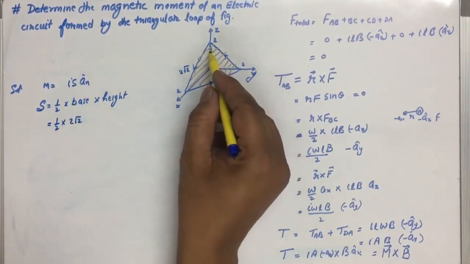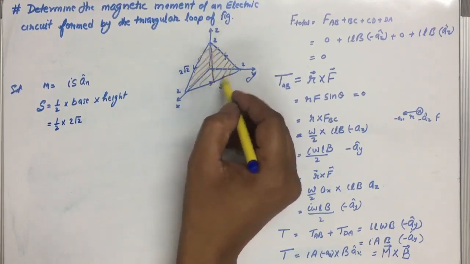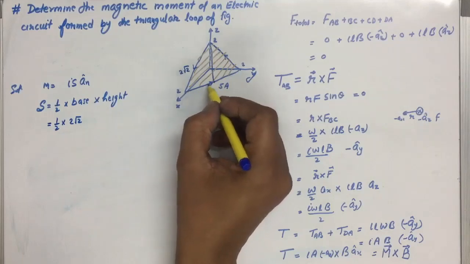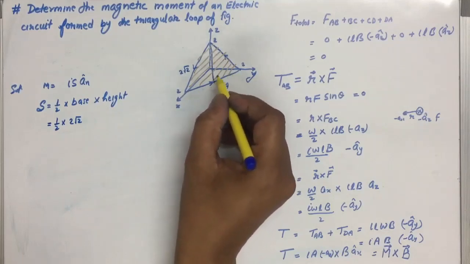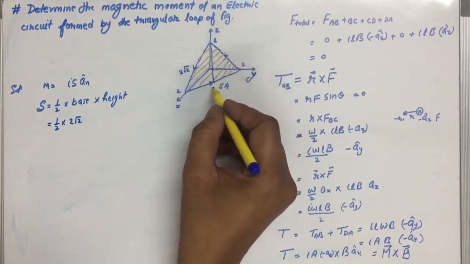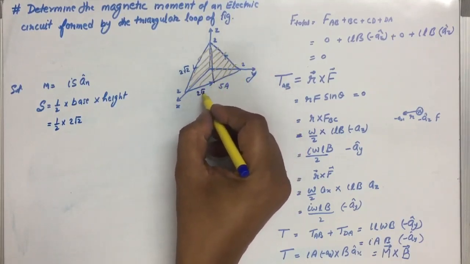To find the perpendicular distance for this plane, we take the base divided by 2, because this is an equilateral triangle. So it will be 2 root 2 by 2.